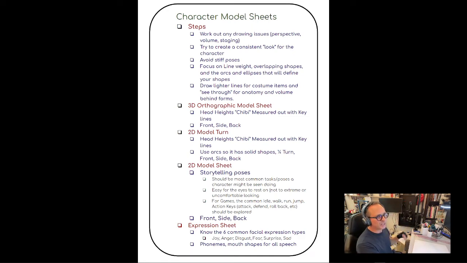And now we're trying to look at more advanced things, like defining the character, the poses, making sure we've got really good poses, good overlapping shapes, and working on your line weight. And then when we get into these orthographic model sheets, you want those chibi head poses to be defined as well.